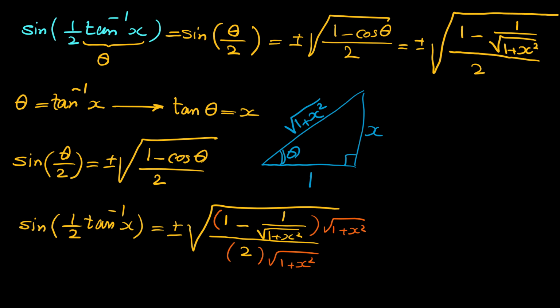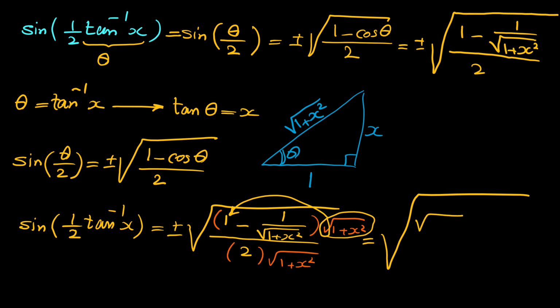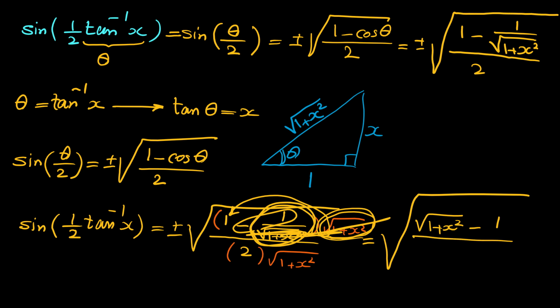If we do this, what happens? This equals radical of (radical 1 plus x squared minus 1) all over 2 radical 1 plus x squared, because when we multiply this radical by 1 over radical, radical with radical cancels and we have minus 1.